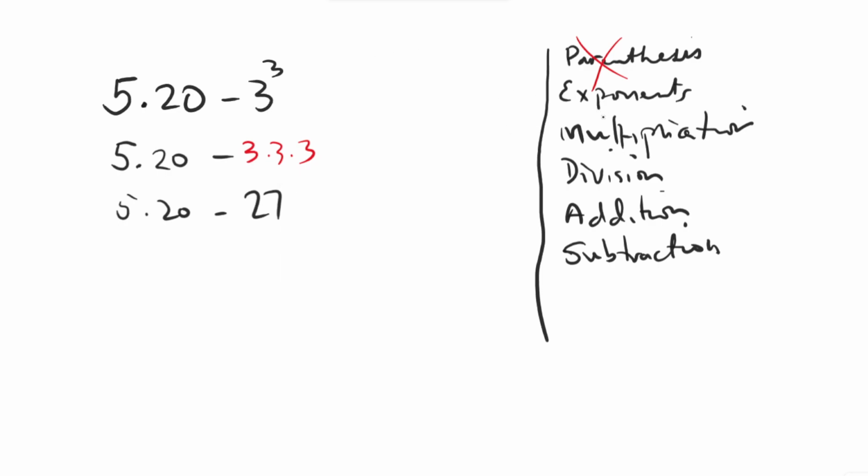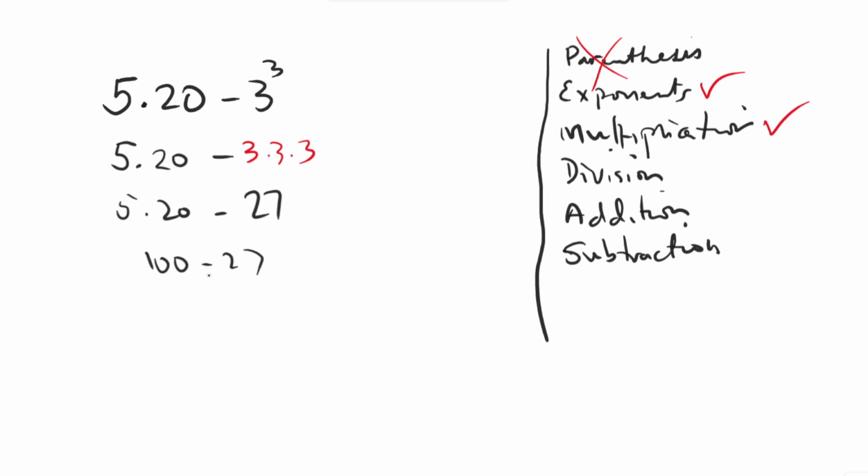So now, since we finished with the exponent, we're going to take care of the next one. The next one has to do with multiplication. We got the exponent, and then we're going to do the multiplication now. So 5 times 20, we can do it now. 5 times 20 is equal to 100 minus 27.